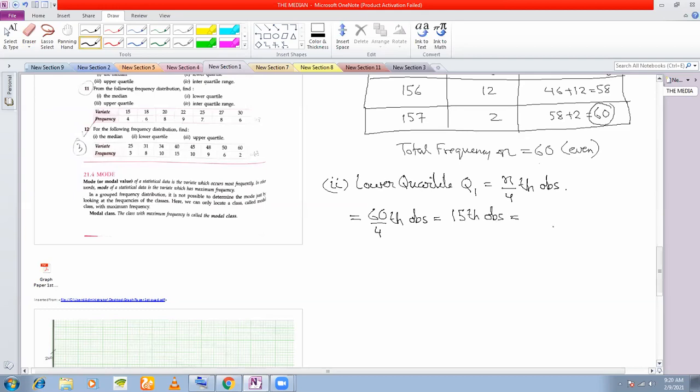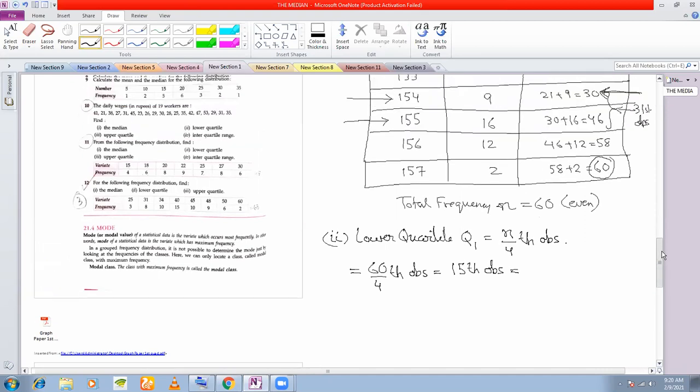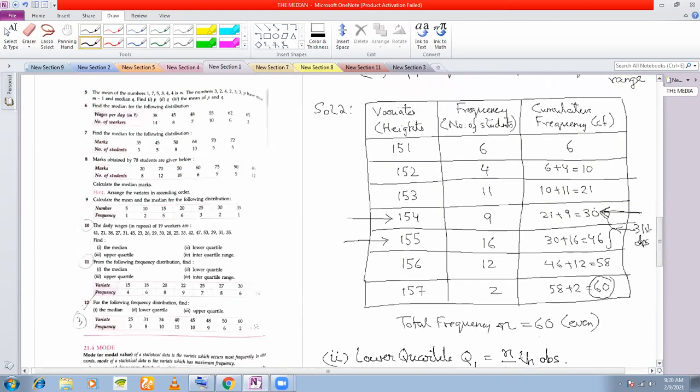Now let's locate which one is the 15th observation. We look at the cumulative frequencies column. See that 15 lies between 10 and 21. So here will lie your 15th observation.